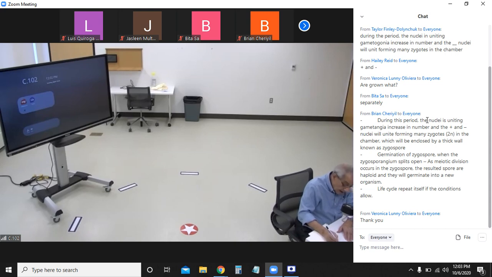I'm still also with the order Mucorales. And the example I'm going to use at the moment is a fungus known as Pilobolus christianus.